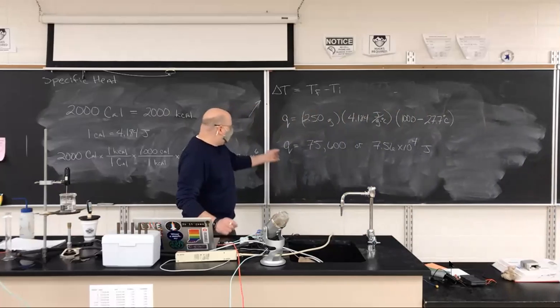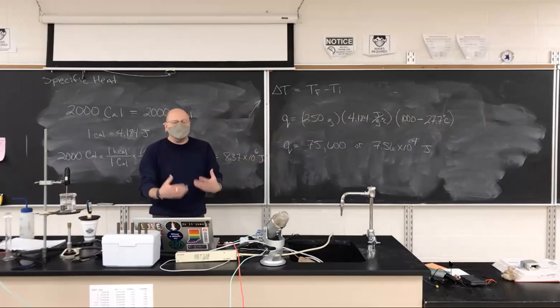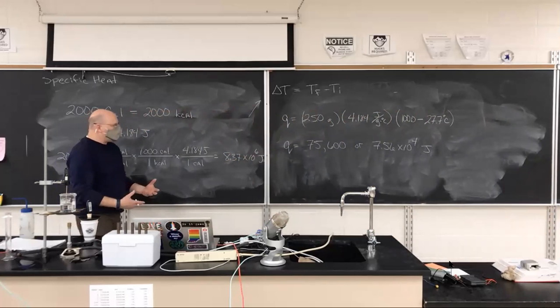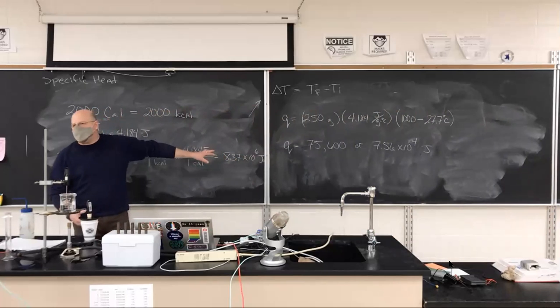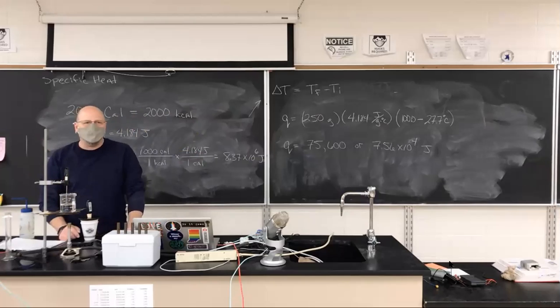So a little bit different in terms of the number out front, but you would be able to, with the food that you eat to maintain a 2,000 calorie diet, heat that water up about 100 times. Your bodies require a lot of energy to live.